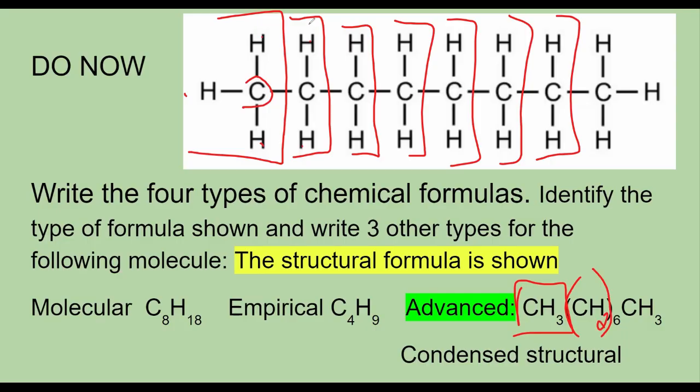I have 6 CH2s. I'll fix that. And then at the end, I stop with another CH3. So this basically tells me what this structure looks like without having to draw the whole thing. And that's why it's called a condensed structural formula. Condensed meaning I squished all that information down into a smaller place.